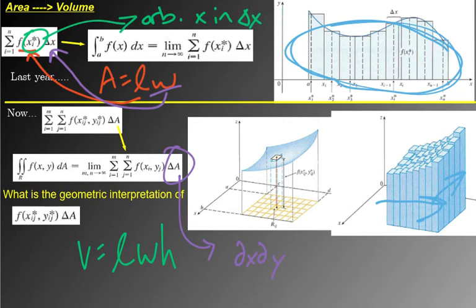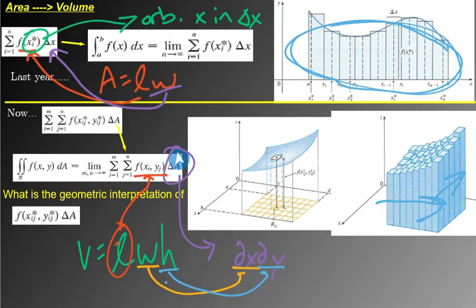So you can think W is delta x, and H is like delta y. But this is the change in area now instead of the change in just x. So you can see that this has also bumped up a dimension.